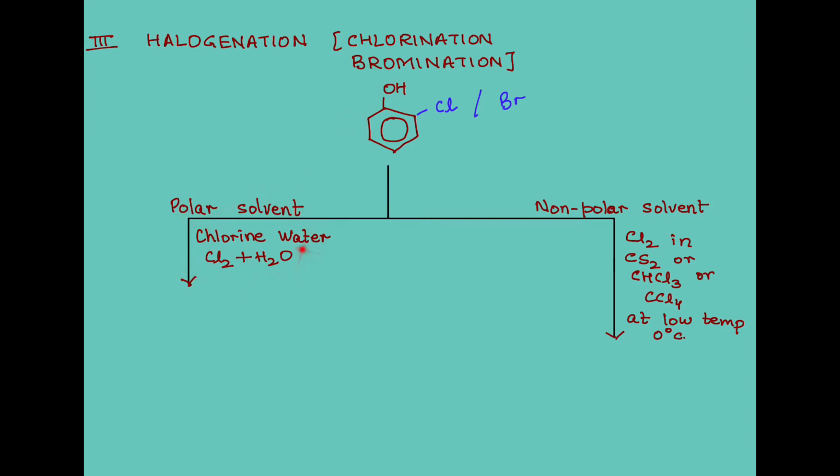Polar solvent, that means water. Water is a polar solvent. We can carry out halogenation, that is chlorination, using a non-polar solvent as well. For example, taking chlorine and carbon disulfide, chloroform, carbon tetrachloride, all at low temperature of around 0 degrees Celsius.